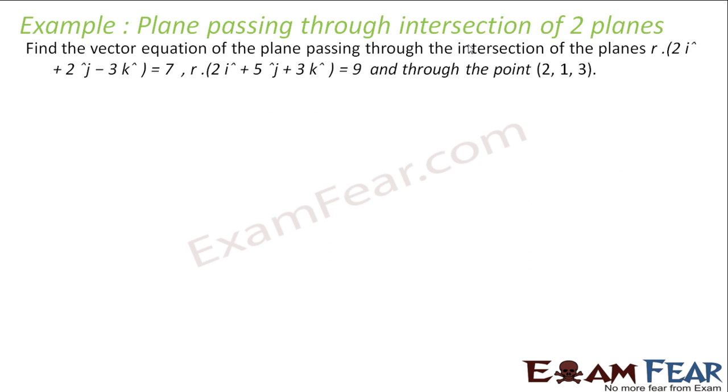Let's take one more example. We have it in vector form. So we have to find the equation of the plane, which is, this is one plane, this is another plane, and this passes through this point.